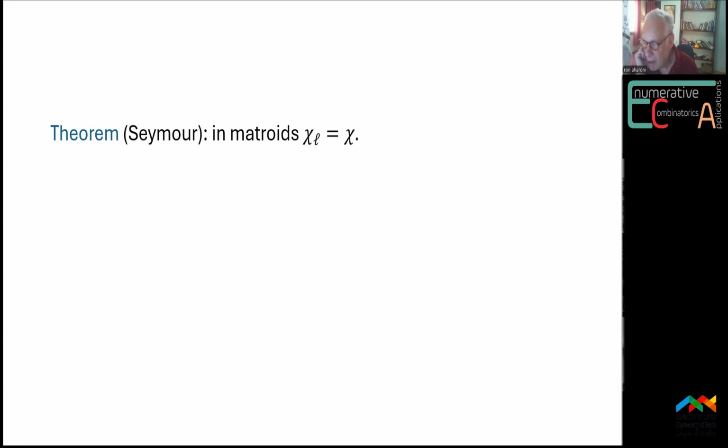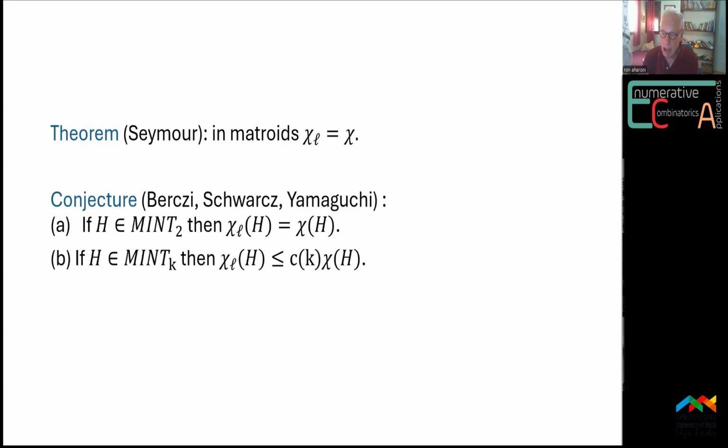List coloring demands the same number of colors. And then came Aharoni, Berger, and Kotlar and made two conjectures. One is that if your hypergraph is the intersection of two matroids, then chi is chi L. We have no idea how to prove that.